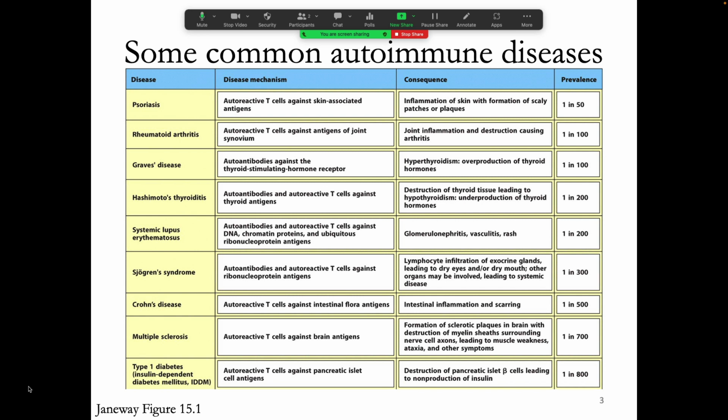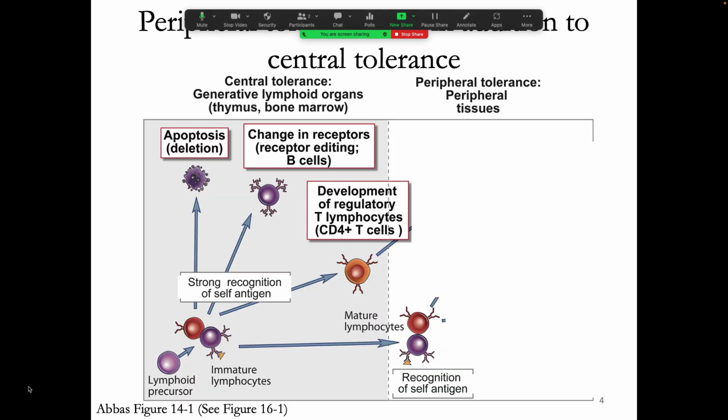We can generally divide up some autoimmune diseases based on whether they seem to involve issues with peripheral tolerance or issues with central tolerance.